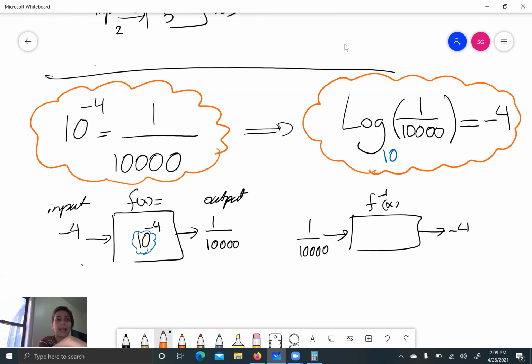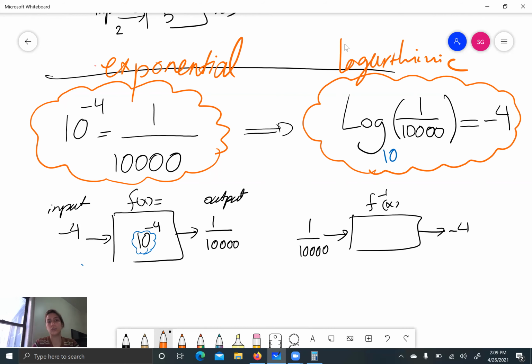So this is an exponential expression that shows the relationship between these three values, and this is a logarithmic expression that shows the relationship between these three values.